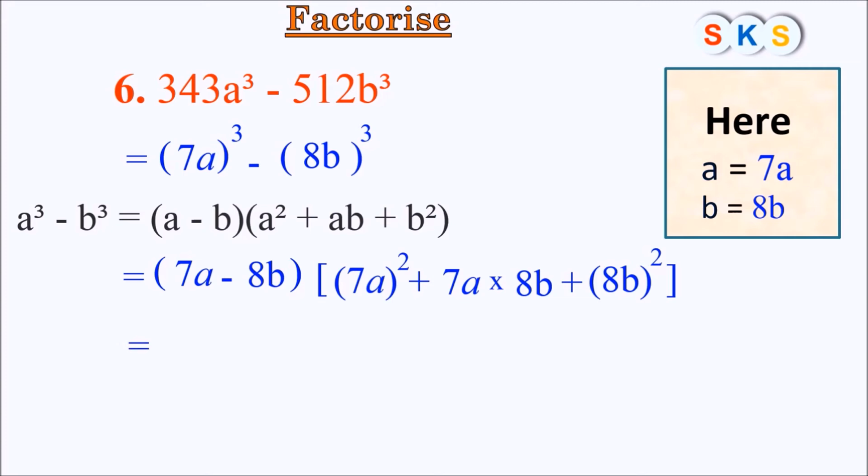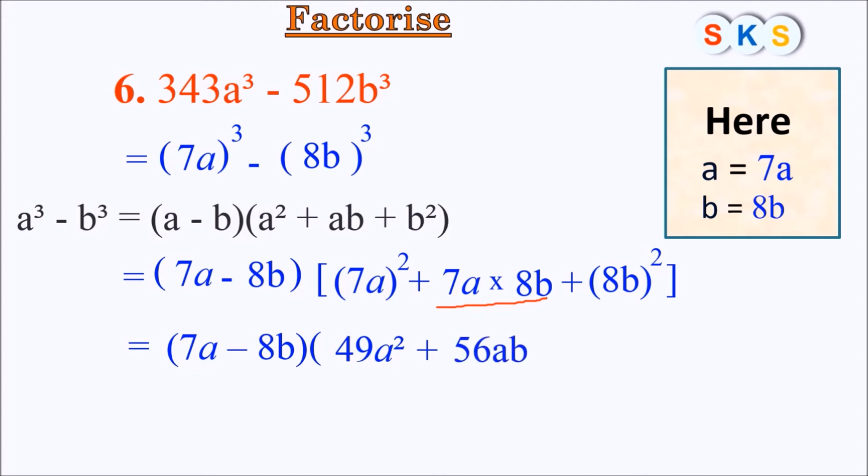So the first bracket cannot be simplified further because it is already in simplest form, so we will copy it as it is. Now in the second bracket, you can see the first term is 7a the whole square, right? 7a the whole square means 7a into 7a. 7 into 7 is 49 and a into a is a square. So we will get here 49a square plus 7a into 8b. 7 8s are 56 and a into b is ab.